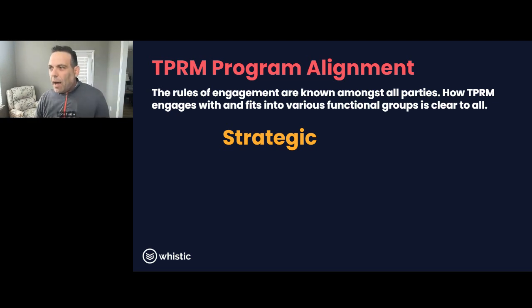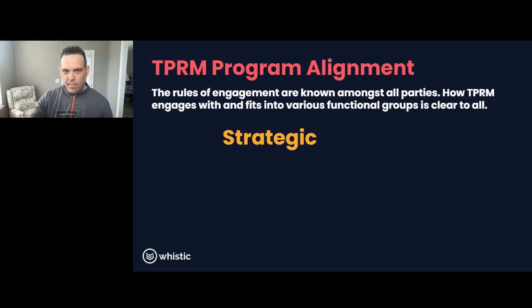The different types of alignment that we talk about here start with strategic. I think this is the broader enterprise-level alignment. Is your program fitting in the right way to the overall organization? Does it have the executive support that's going to allow you to be successful? This is something that takes time.